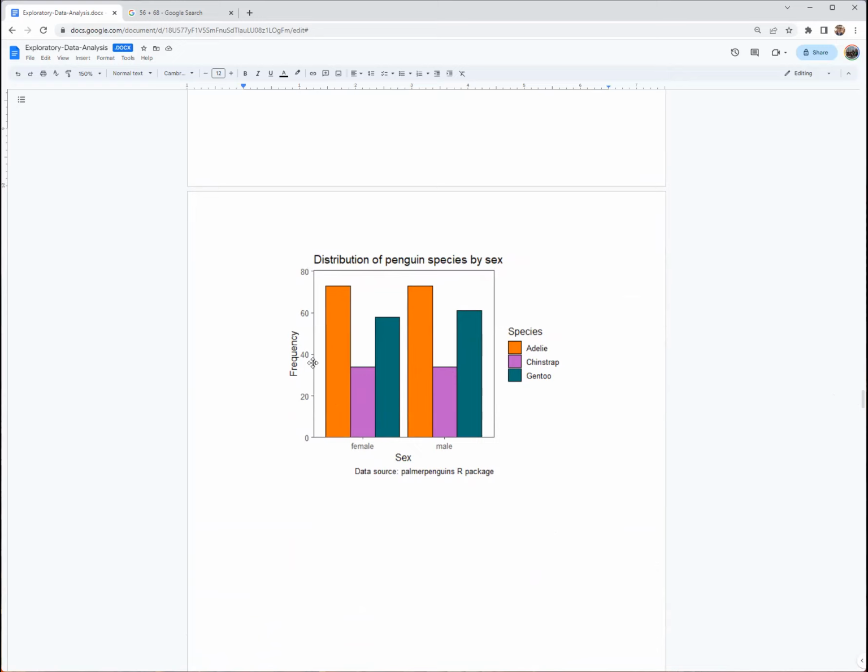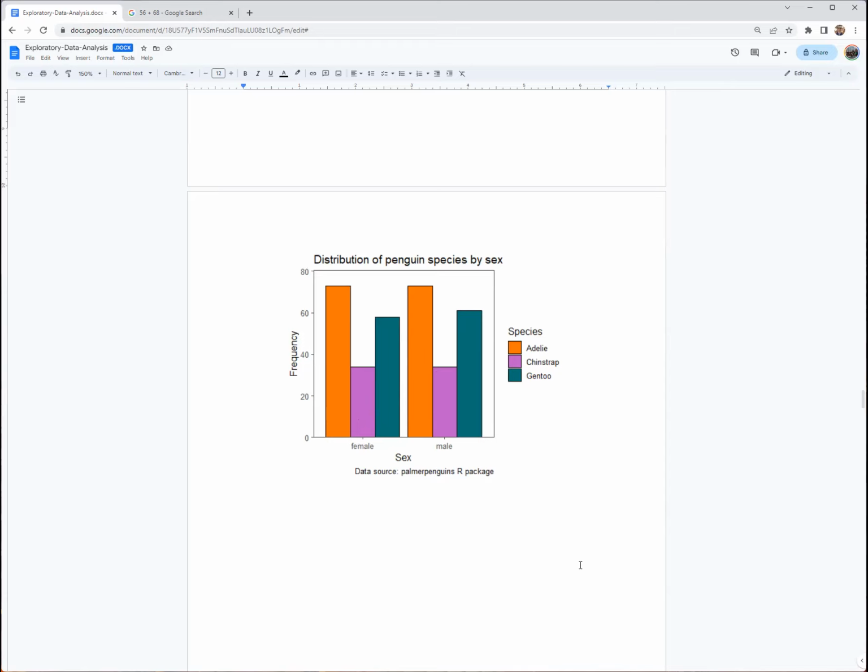So here, for example, the height of this purple bar gives the number of female chinstrap penguins in this data set.